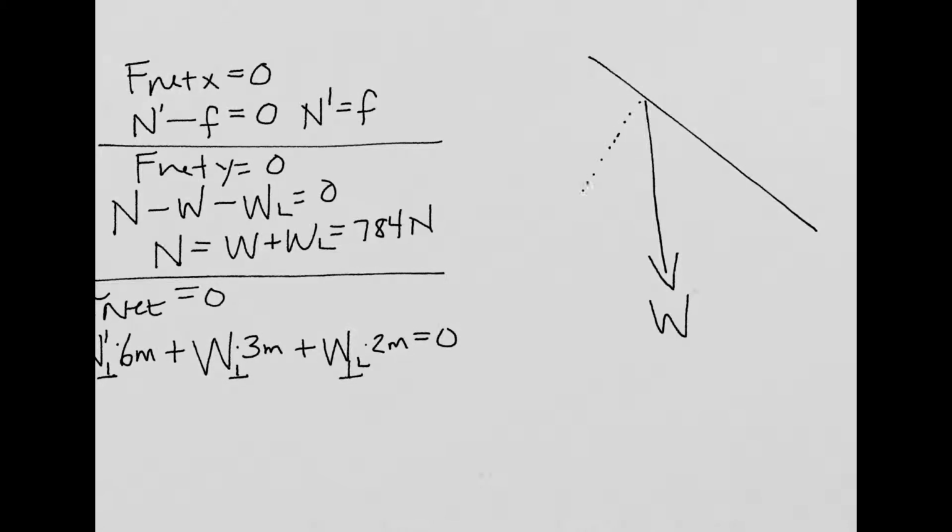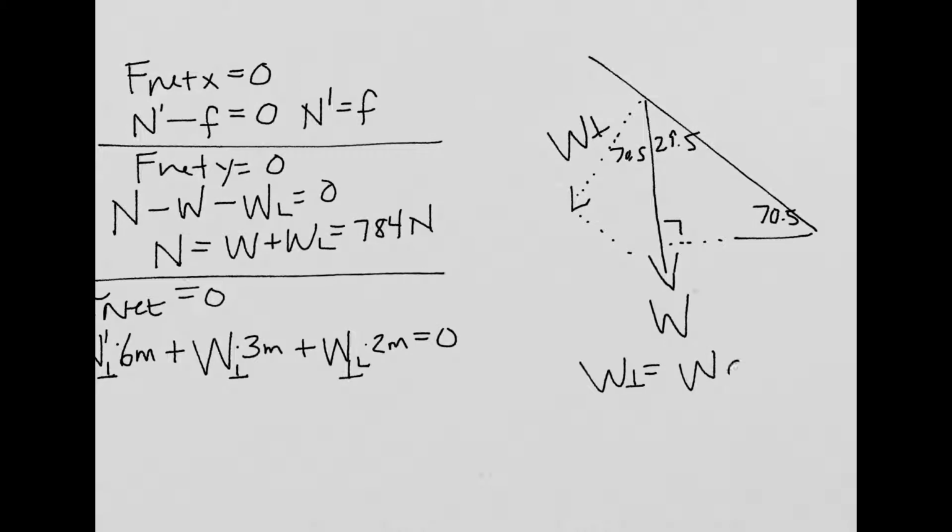We're looking for this component, weight perpendicular, and here's our triangle. We know down here that this is 70.5. If I think of this as a right triangle and this being 90, then this is 29.5, and this is 70.5. So therefore, W perpendicular equals the weight times the cosine of 70.5.